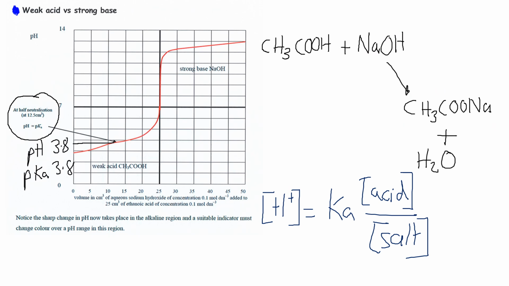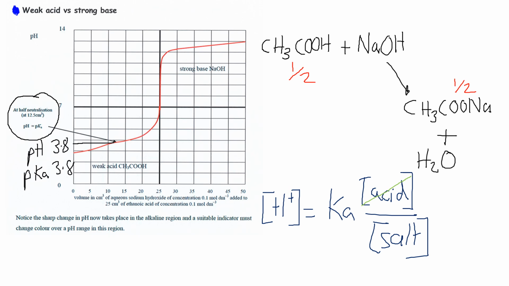At half the neutralization point, half of the ethanoic acid has been used up, which means we formed an equal amount of the salt because it forms in a 1-to-1 basis. So half of the ethanoic acid has been used up and the same amount of the salt has been made. So what that means is the concentration of the acid and the salt are the same.